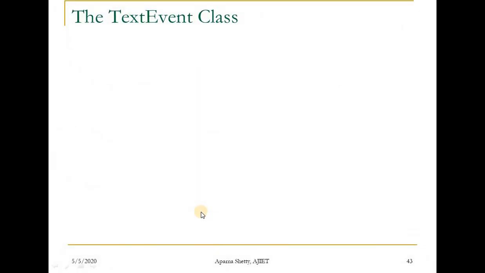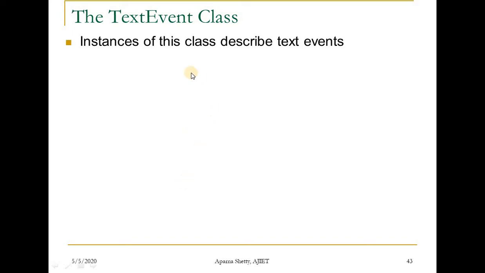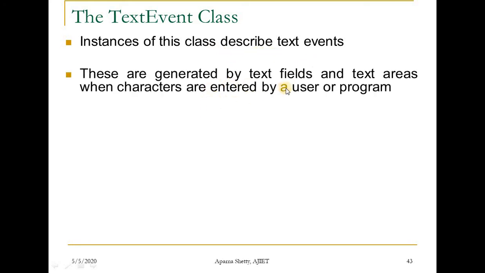Next type of event is the TextEvent class. Instances of this class describe text events. These are generated by the text field and the text areas when characters are entered by a user or program.